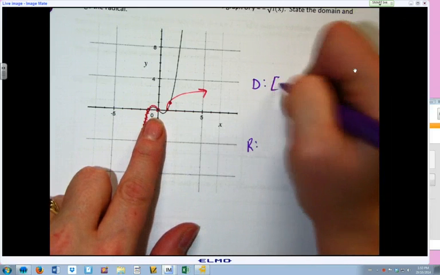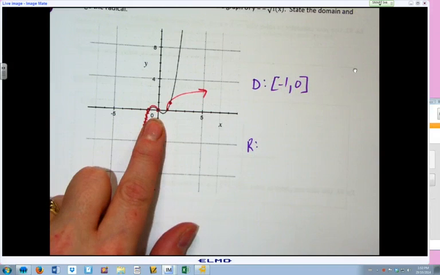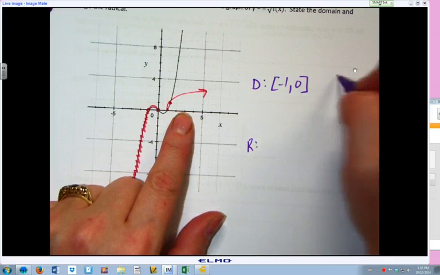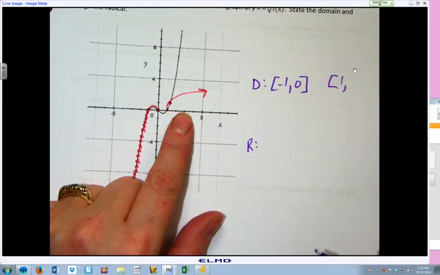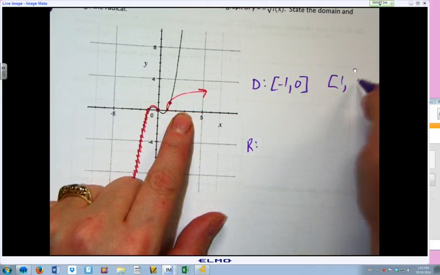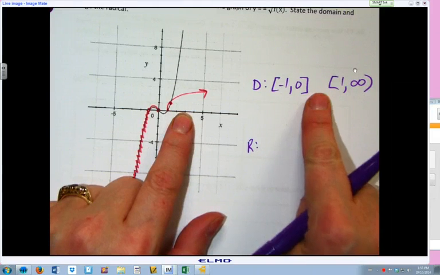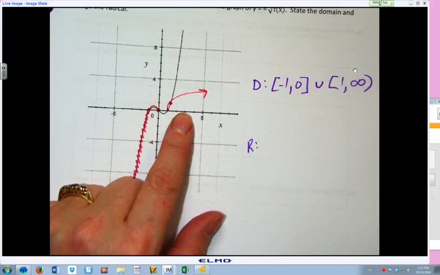Now let's look at the swoop. How do I say and? And what does the U stand for? But what's its name? Union.